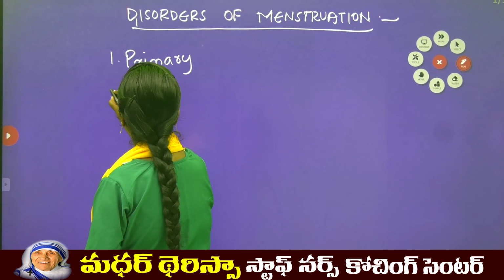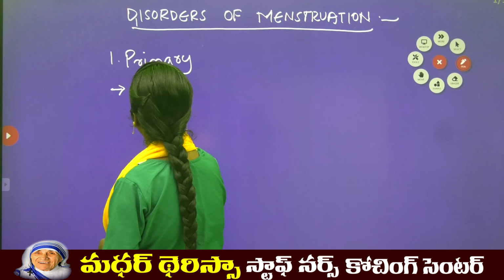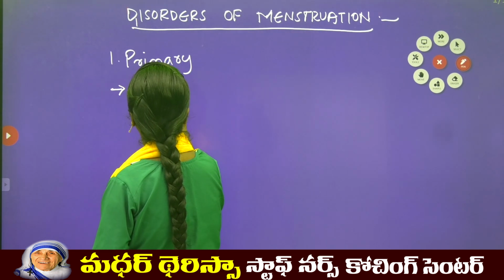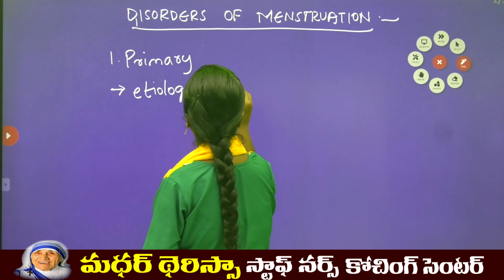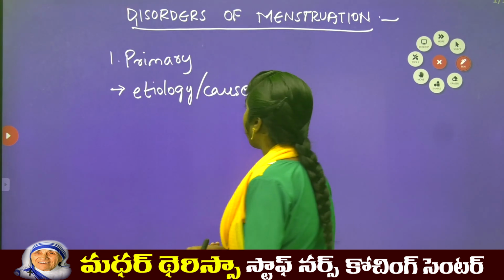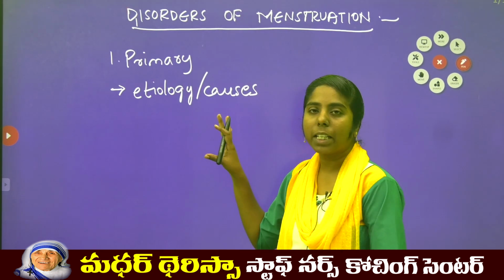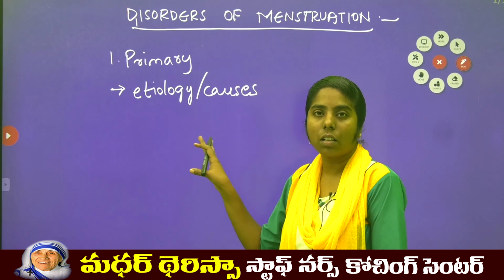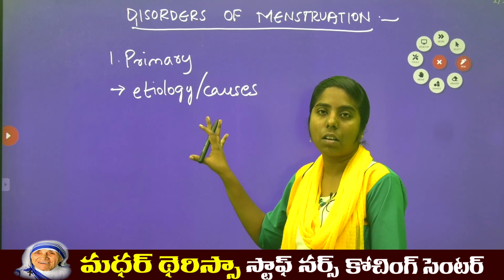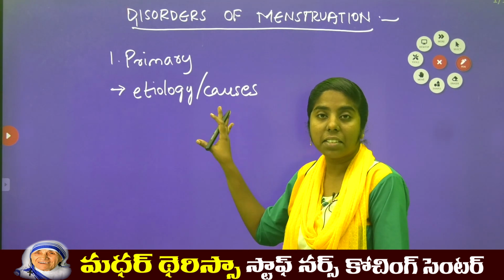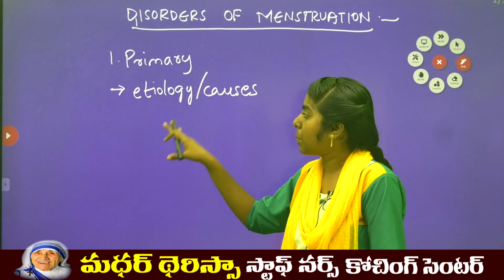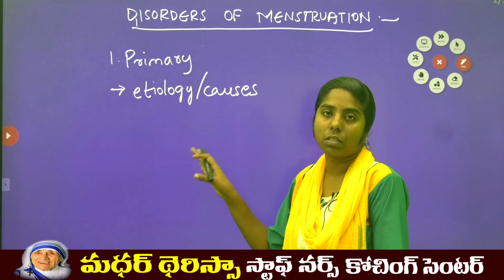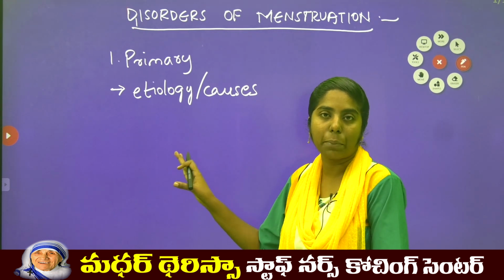If you see the causes, the etiology, they might be due to genetic or hormonal changes, or changes within the female reproductive structures. Those are the causes of primary amenorrhea.